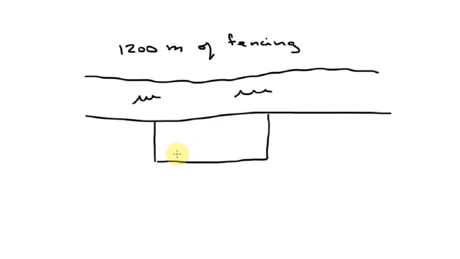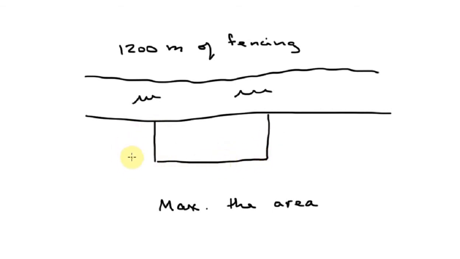So this is supposed to be a rectangular shape, and we would like to maximize the area. So the goal here, if you were the farmer, is to maximize the area of your enclosure. And you want to know exactly, with 1,200 meters of fencing, how big should I make the three sides so I've got maximum area.